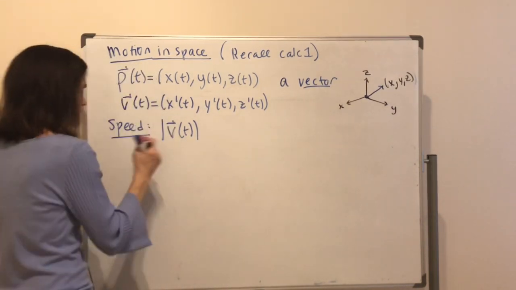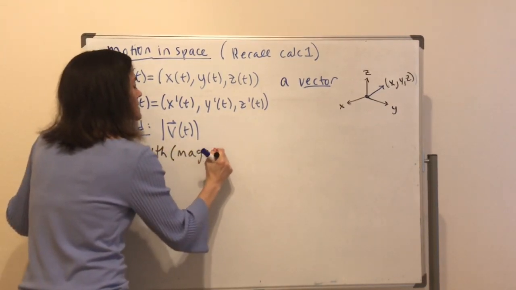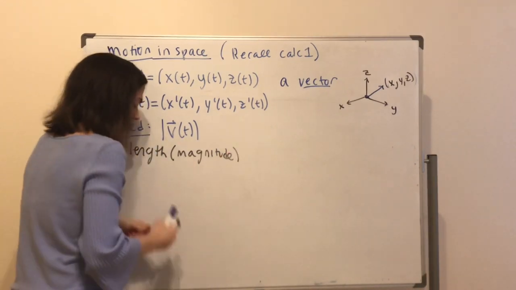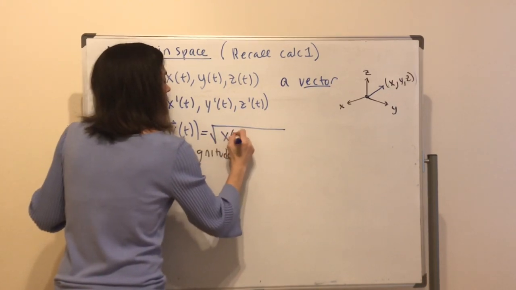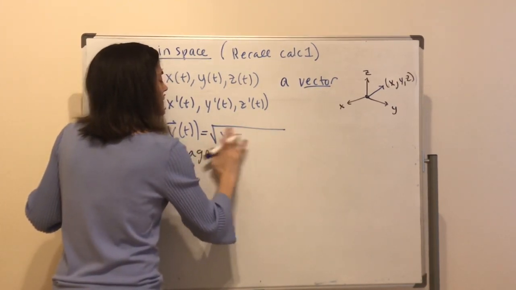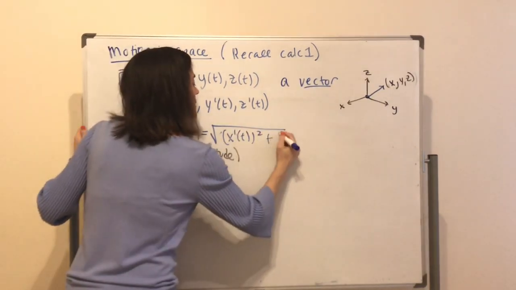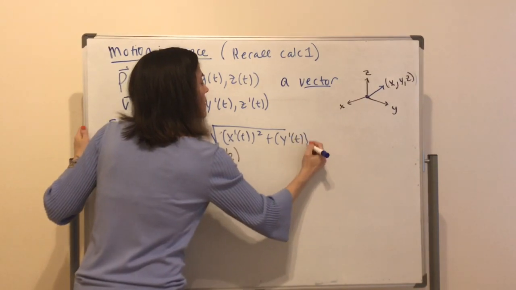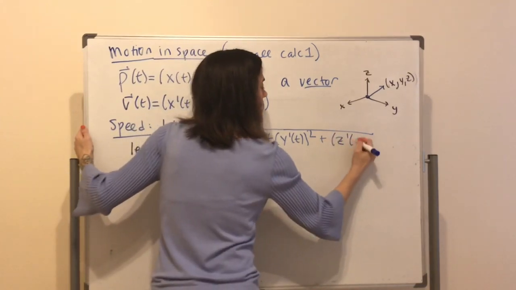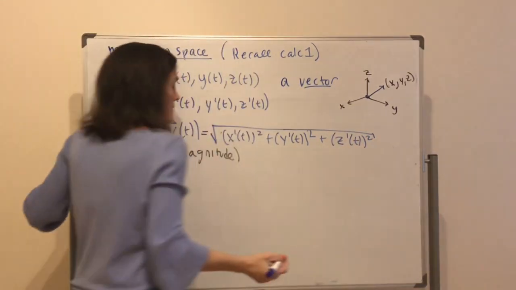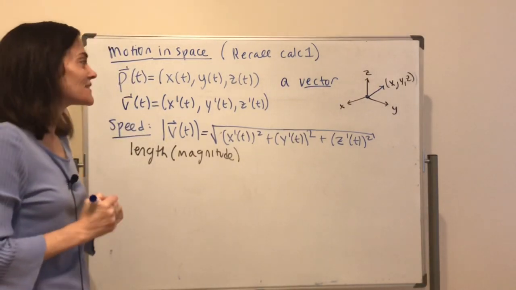What this is is the length, or another way to say this is magnitude of the vector, and this is the square root of x prime of t squared plus y prime of t squared plus z prime of t squared. This is the length or magnitude of a vector in R3.